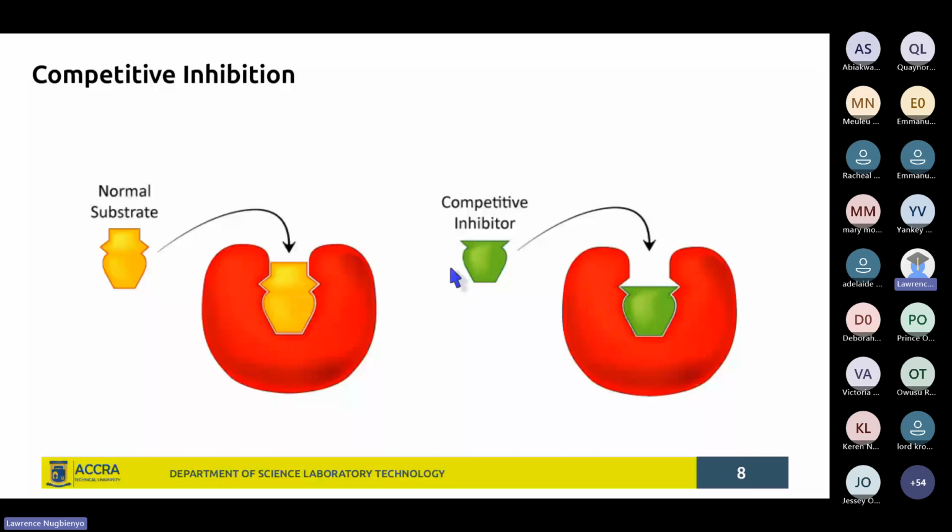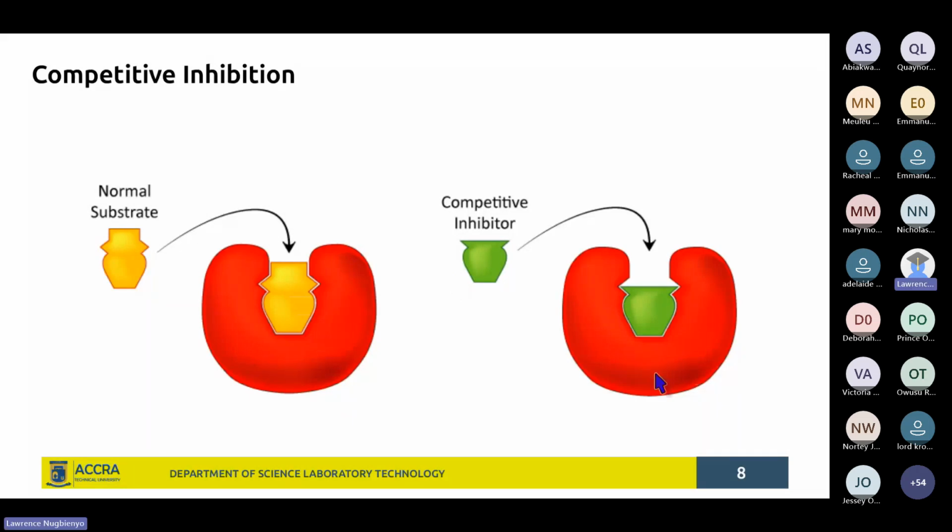Remember I said a structural analog, it's not a functional analog, meaning that that substance does not have the same function as the substrate, but it looks like it structurally. If you look at its chemical structure, it looks just like the substrate and can bind into the active site of the enzyme.